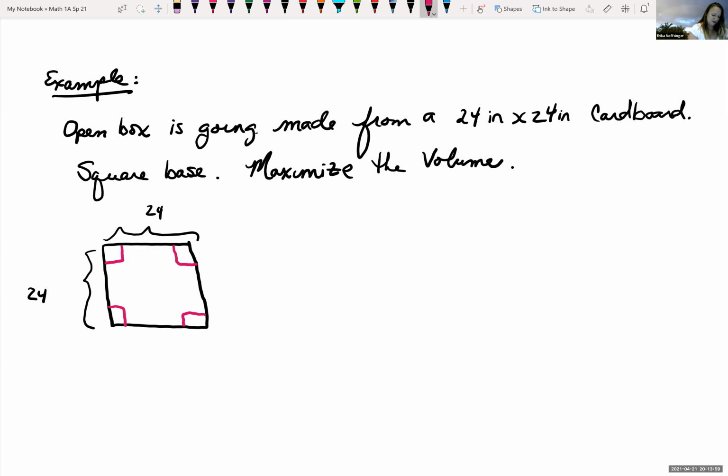And once we cut that out, kind of think of it this way. Basically, if you cut those little corners out, you're kind of left with this shape in here, and you're basically folding those flaps up so that it makes a box.